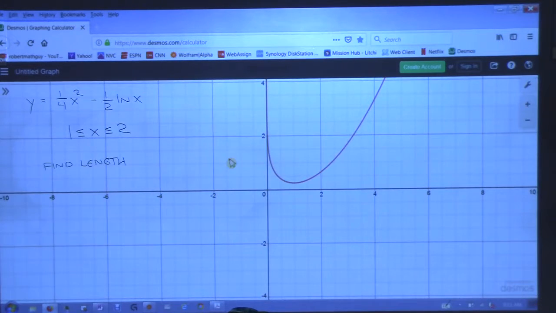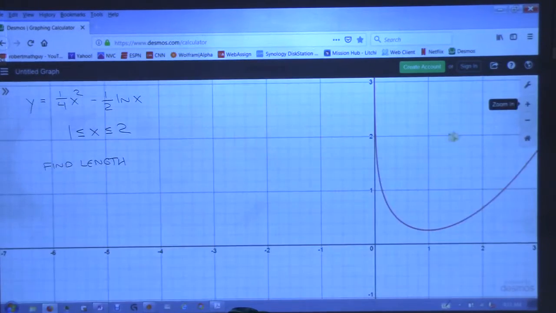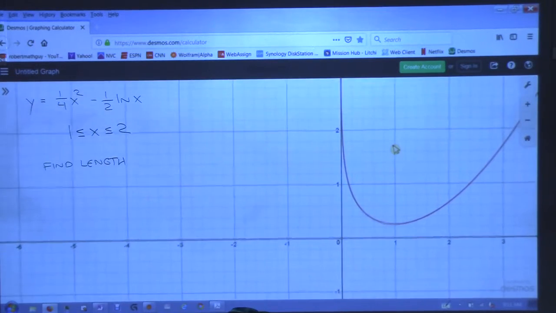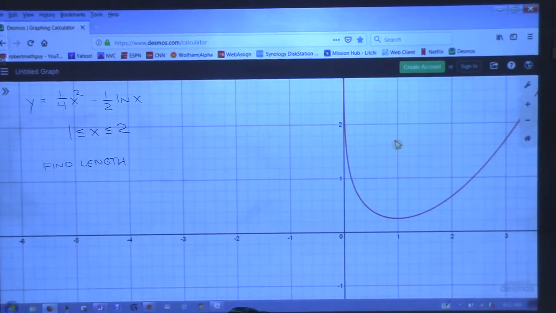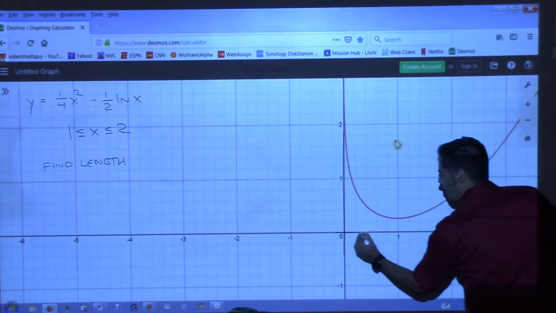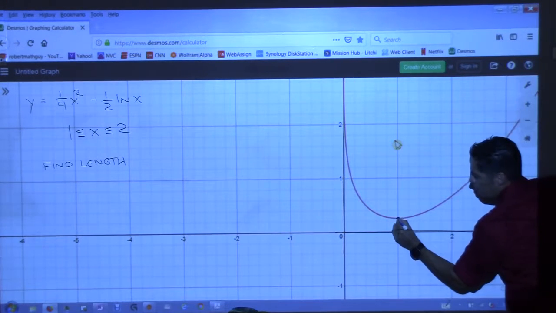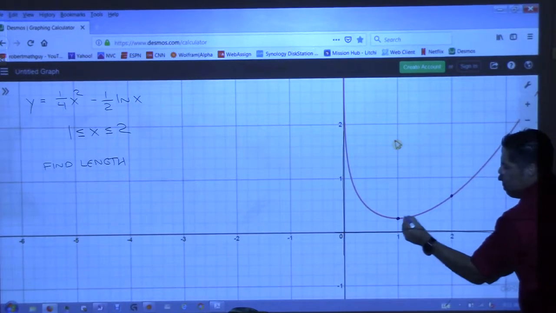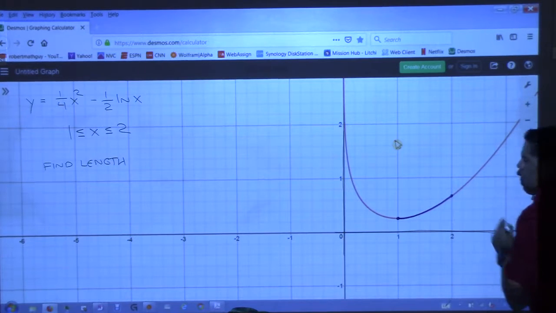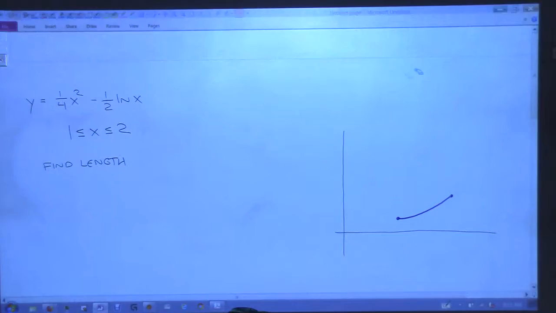Okay, and we are looking at this curve between 1 and 2, right? So here's our x and y axes, and we're trying to find the length of this curve between 1 and 2. So that right there, that's what we want. How long is that curve? Understand? Okay.